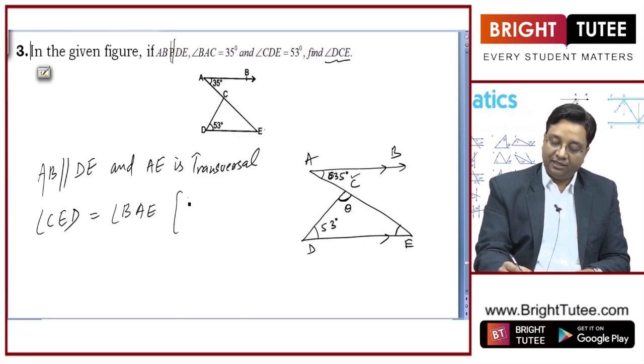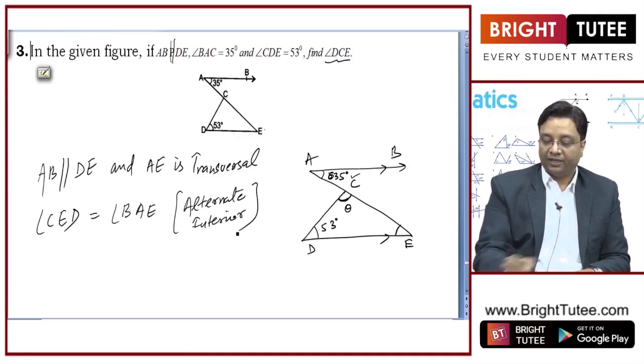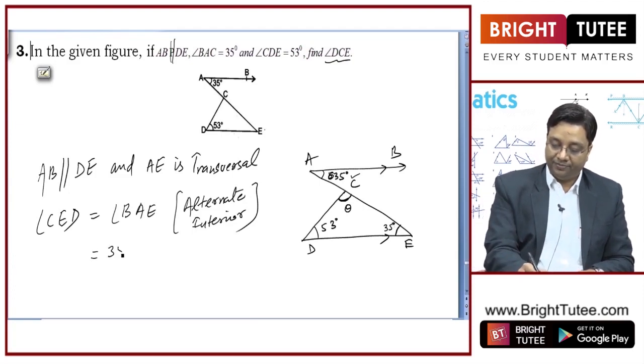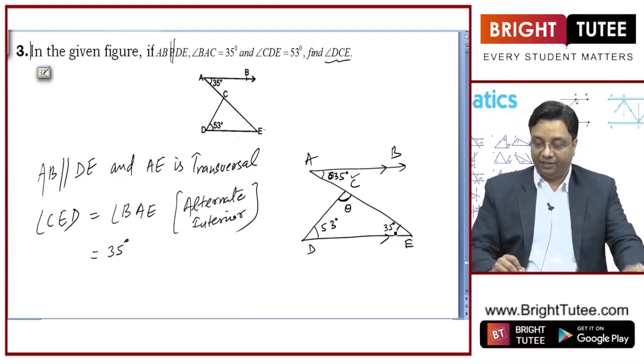Why? Because these are alternate interior angles. Hence, I can say this angle is also 35 degrees. So I have obtained the measure of this angle as 35 degrees.